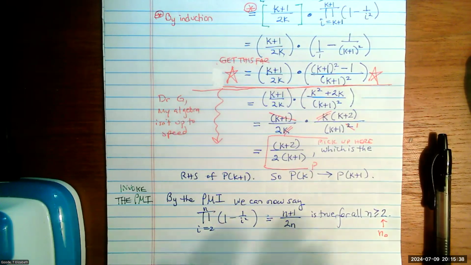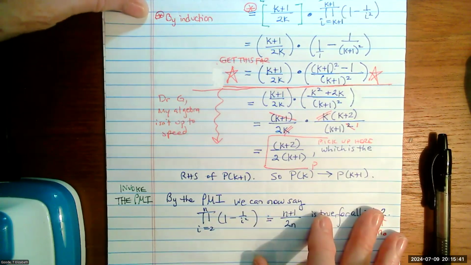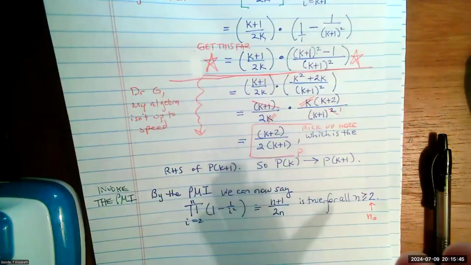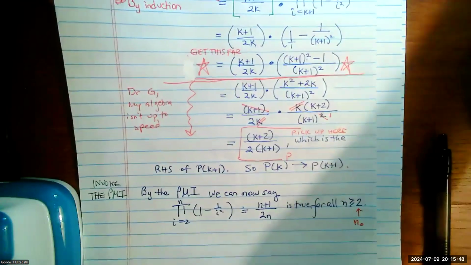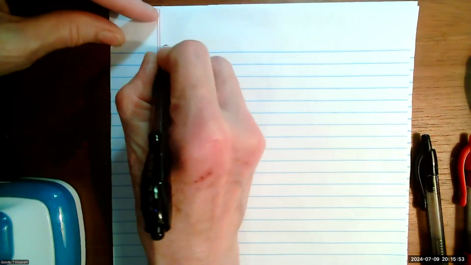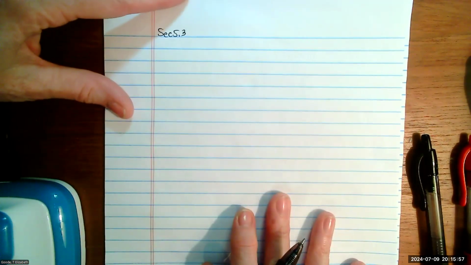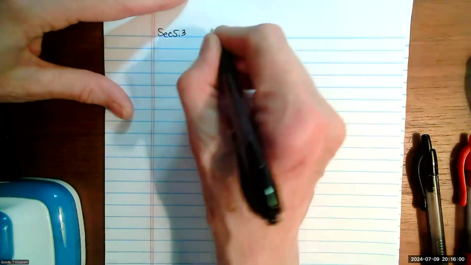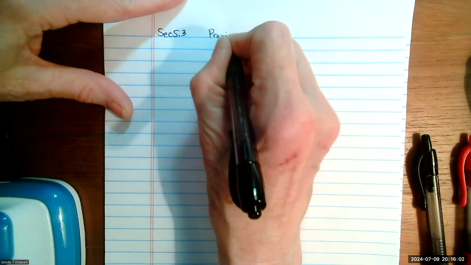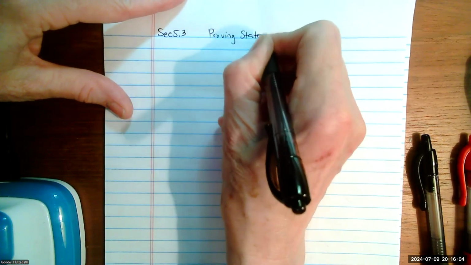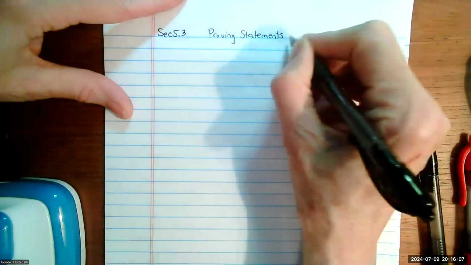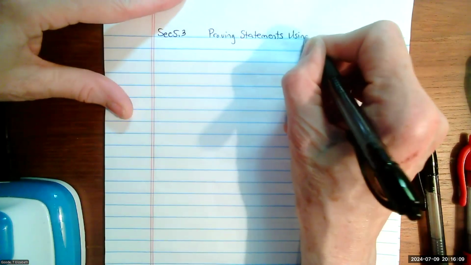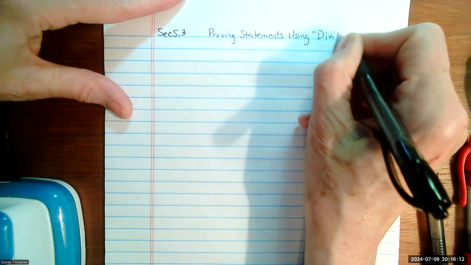Okay. But there are a slew of other kinds of statements that we can prove by induction, not just formulas, is my point. So let's look now at section 5.3, where we really do start using proof by induction for other kinds of statements, proving statements involving the concept of divides.